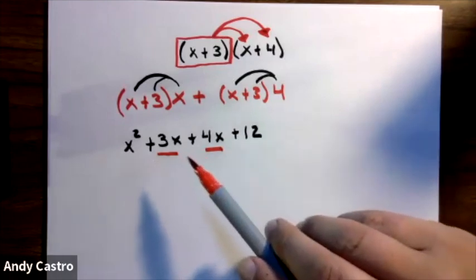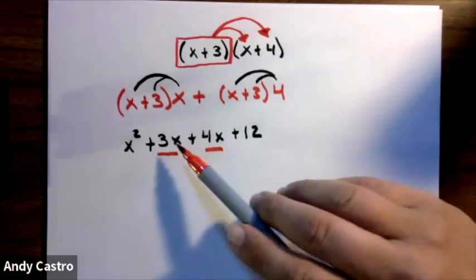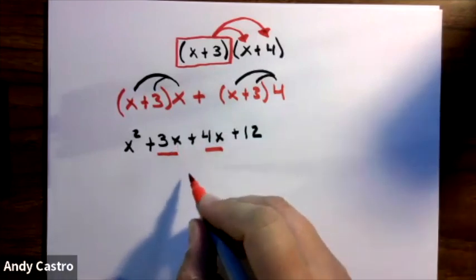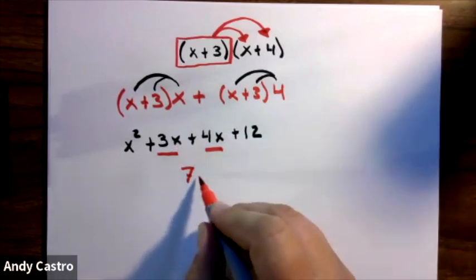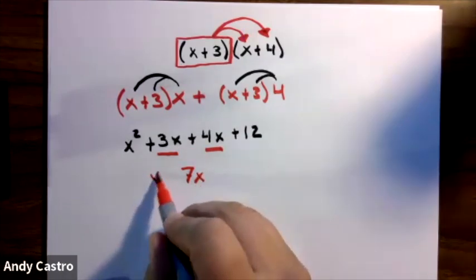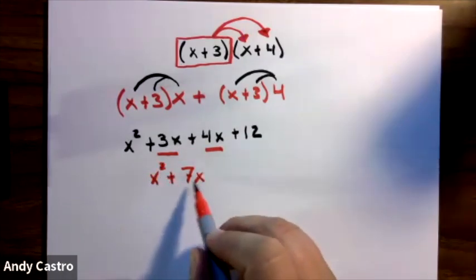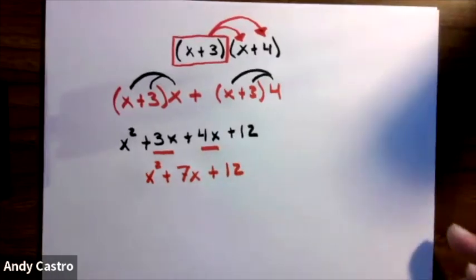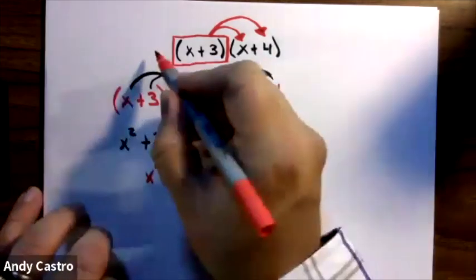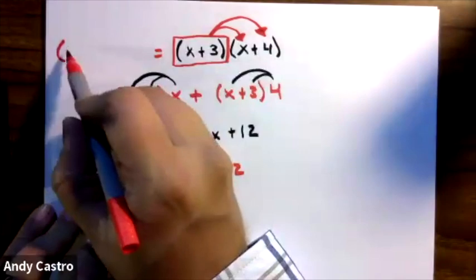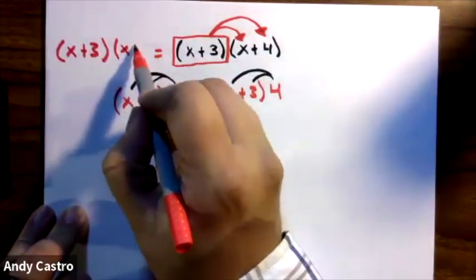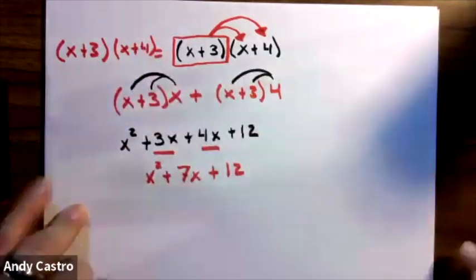Remember, like terms are the same variable with the same exponent. Both of them have an exponent of 1. 4 plus 3 is 7. So I have x squared plus 7x plus 12. All right, and I started with x plus 3 and x plus 4.